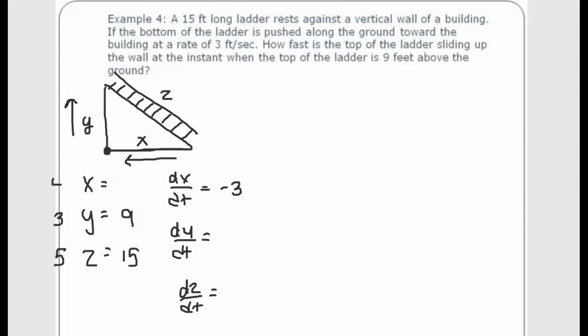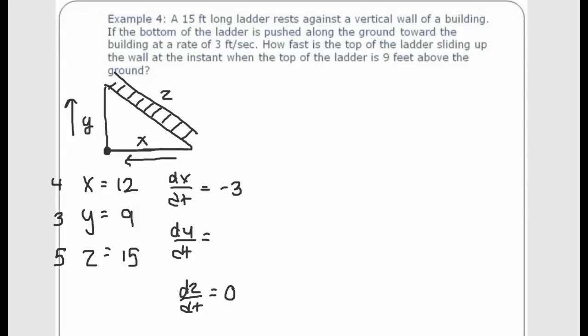So x is related. It's a 3, 4, 5 triangle. Right. So to get your x value, what do I do with that 4? Perfect. Multiply it by 3. So 9, 12, 15 is a multiple of a 3, 4, 5 triangle.